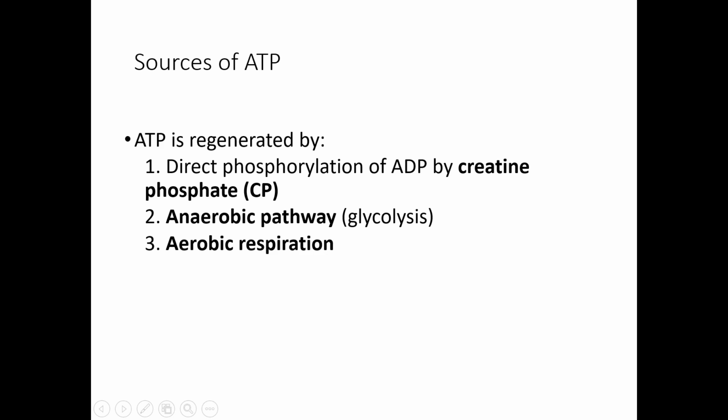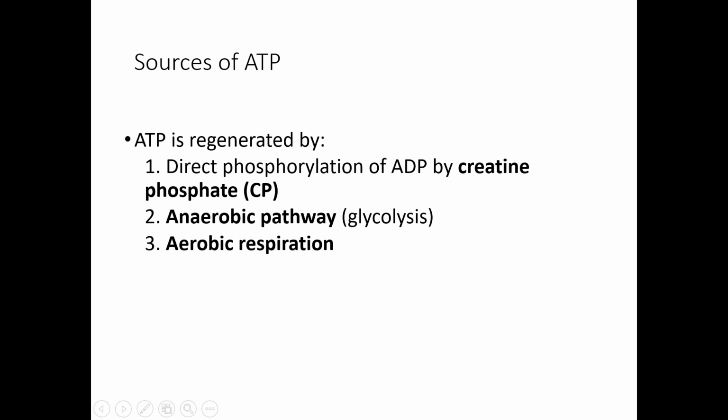So how can ATP be regenerated? We just mentioned one way, aerobic respiration, using oxygen and glucose to produce ATP. But in our muscles, there are 2 other ways to create energy, ATP. That is phosphorylation of ADP by creatine phosphate.